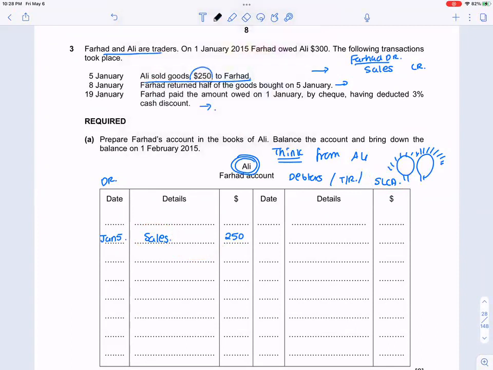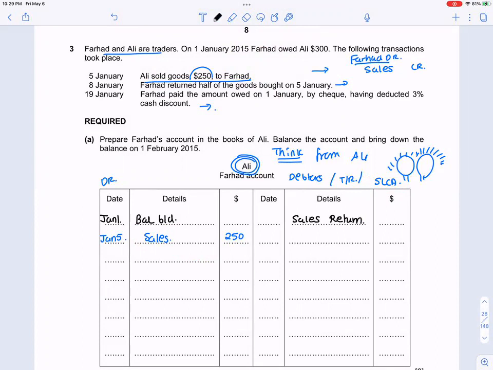The SLC account has certain rules. Come on, Prisha, tell me those rules. It starts with balance b/d.